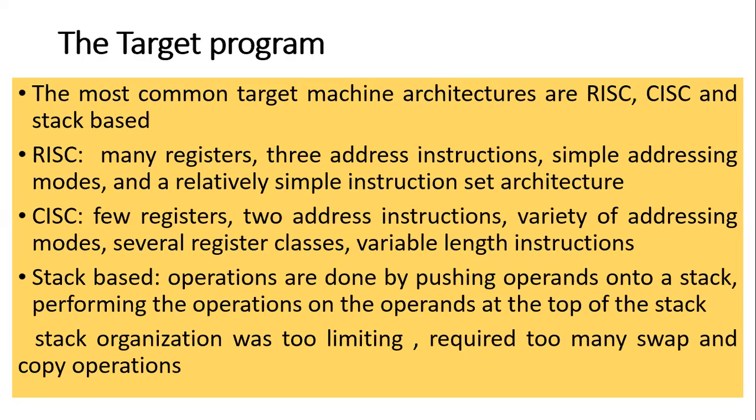If we are considering stack based, operations are done by pushing operands onto the stack and performing the operation on the operands at the top of the stack. That's what stack based operations are. But stack organization is too limiting and requires too many swap and copy operations. That's why it will not be used.